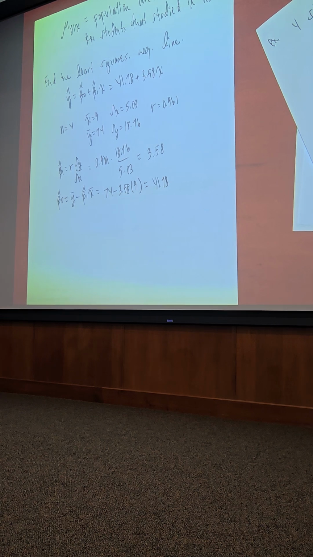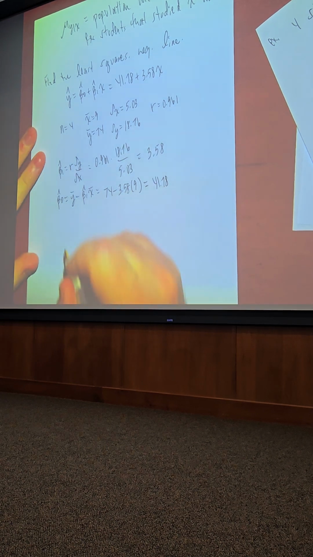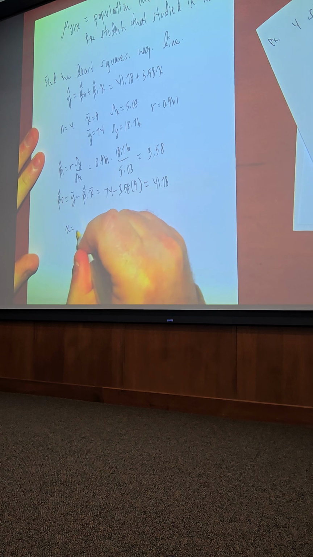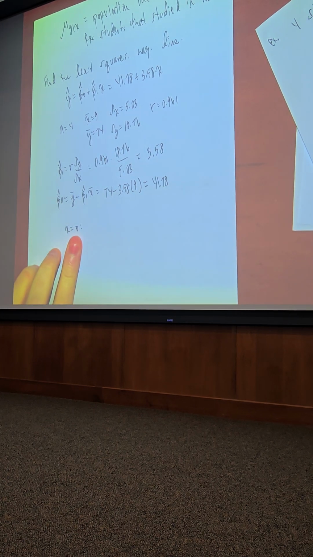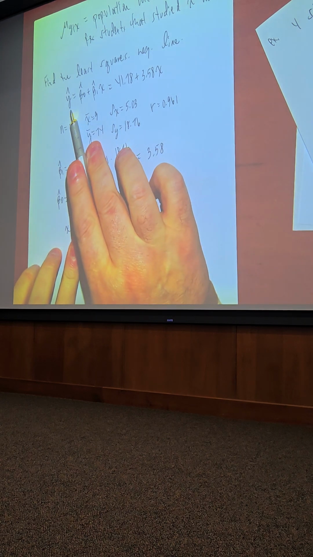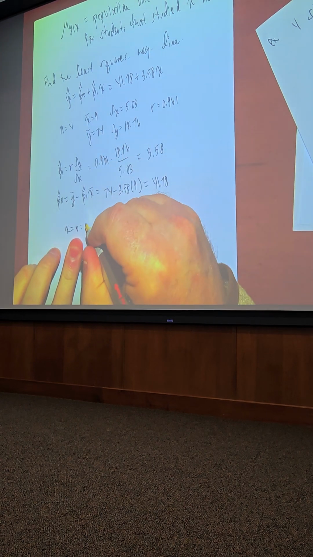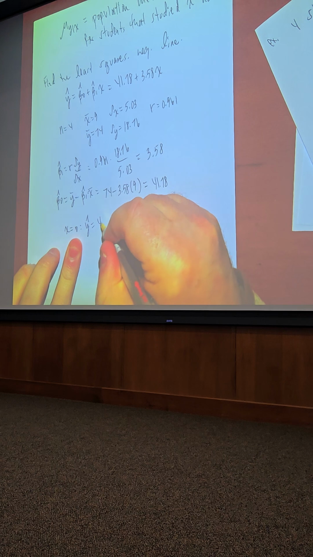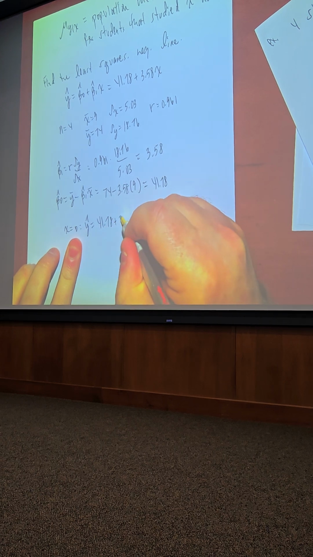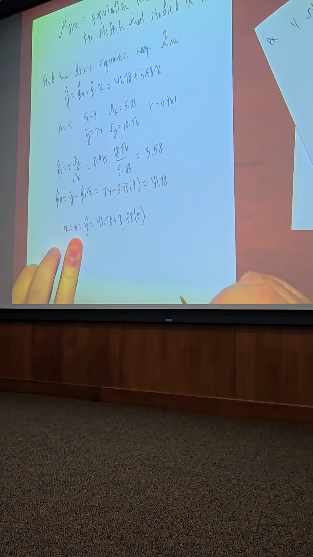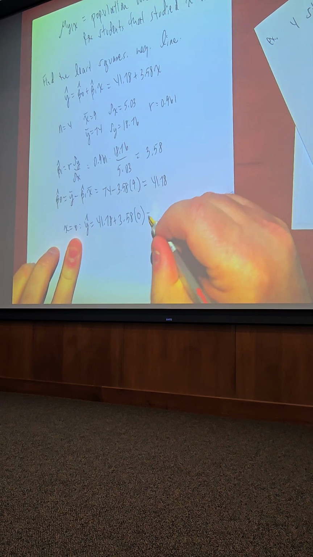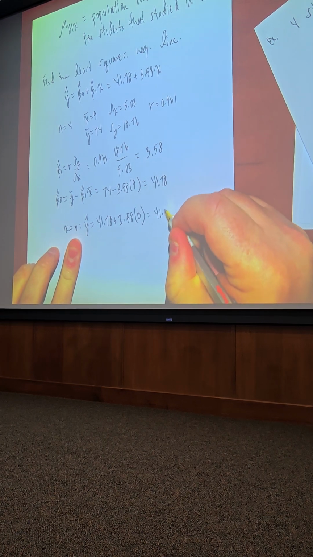Okay. What I'm first going to do is let's figure out how high the line is when x is 0. So when x is 0, let's plug into my least squares regression line. Y hat is 41.78 plus 3.58 times x, which I'm assuming is 0 right here, which gives you 41.78.